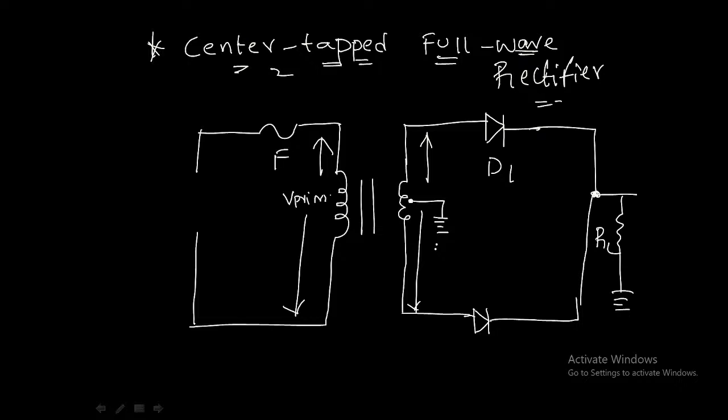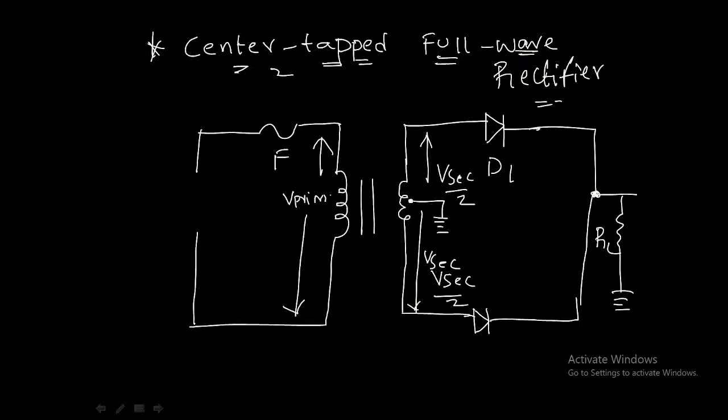So if we use a center tap transformer, then the secondary voltage is divided equally. That is, here it will be V secondary by 2 and this side V secondary by 2. That is the meaning of a center tap transformer: the secondary voltage is divided into two equal portions.